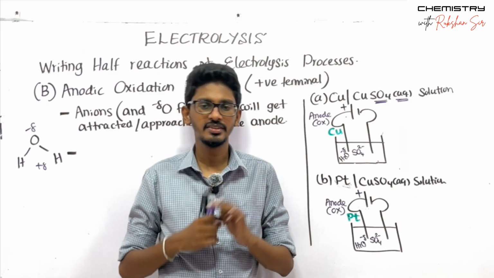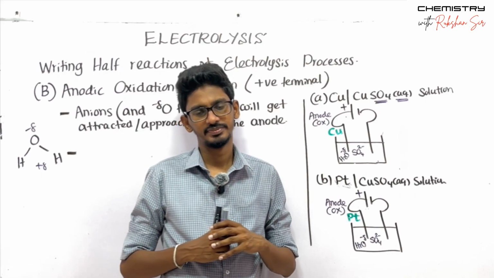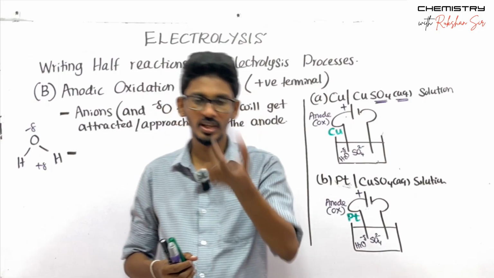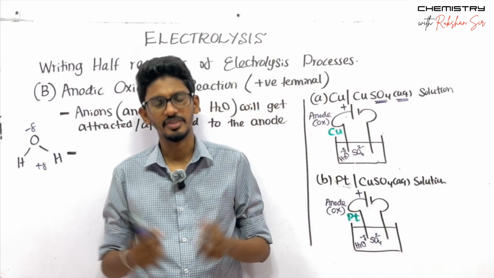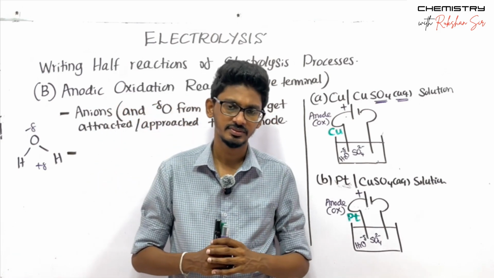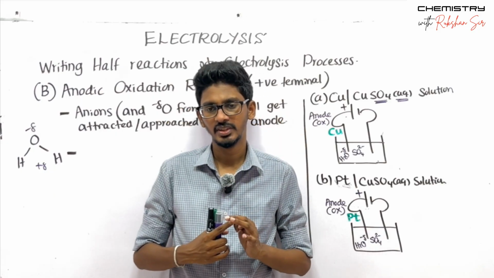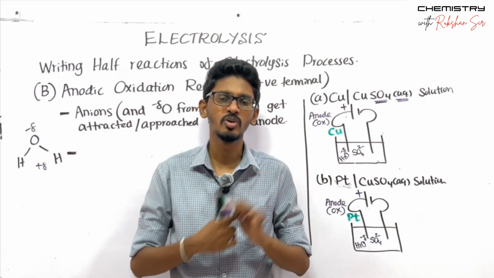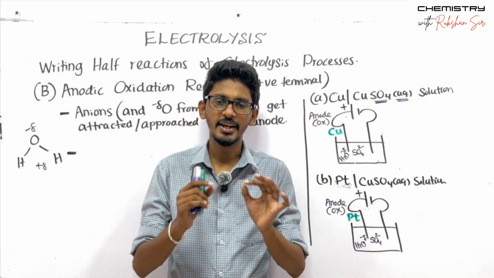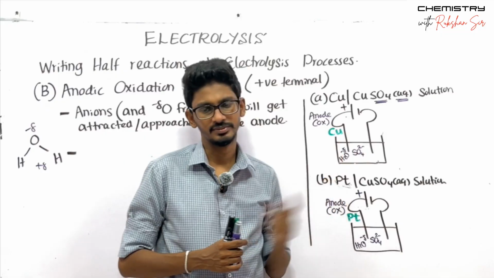The only other option is carbon solid graphite. Metals or carbon solid graphite should be used as the two terminals of an electrolysis process. So there, if you had used any metal other than the platinum or gold, definitely that metal is the thing to get oxidized, not anyone from the solution.